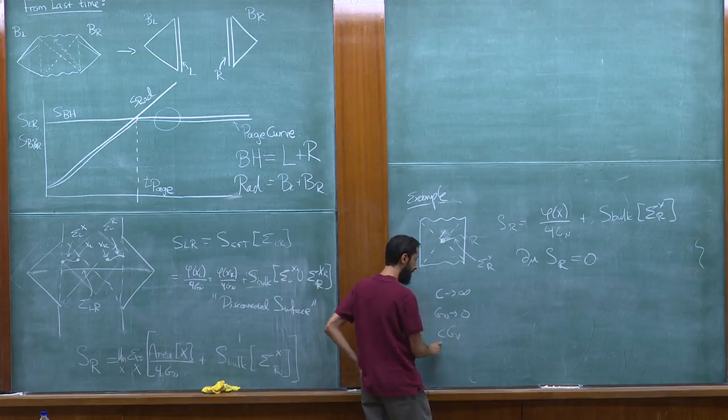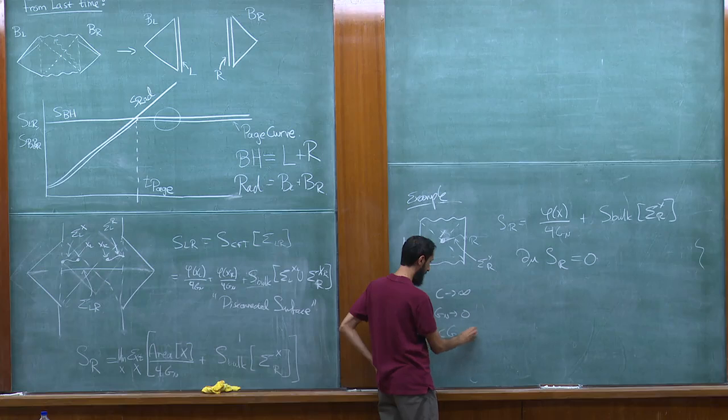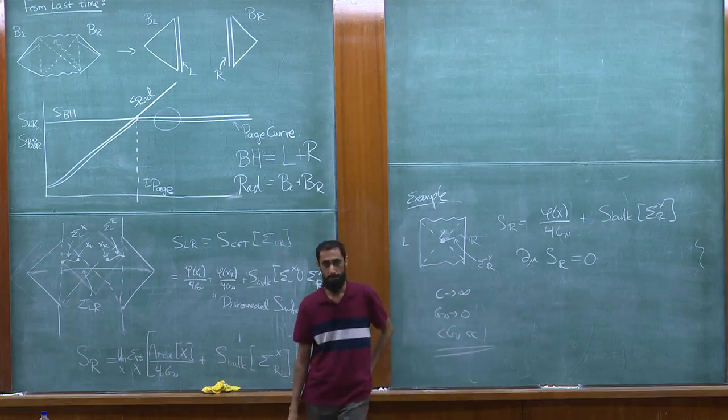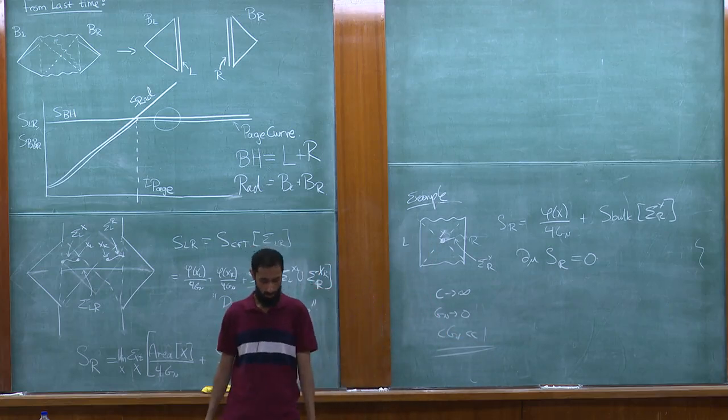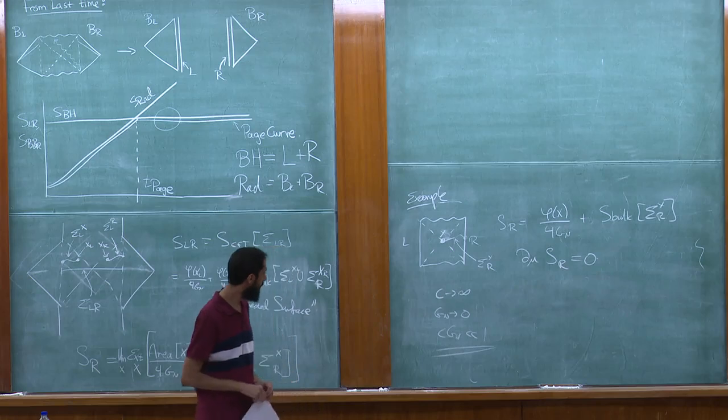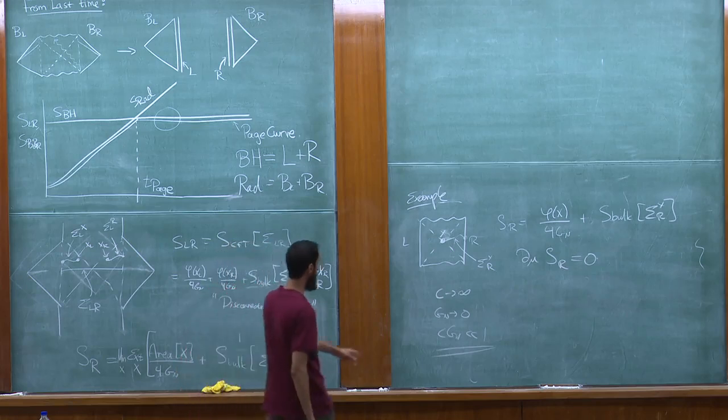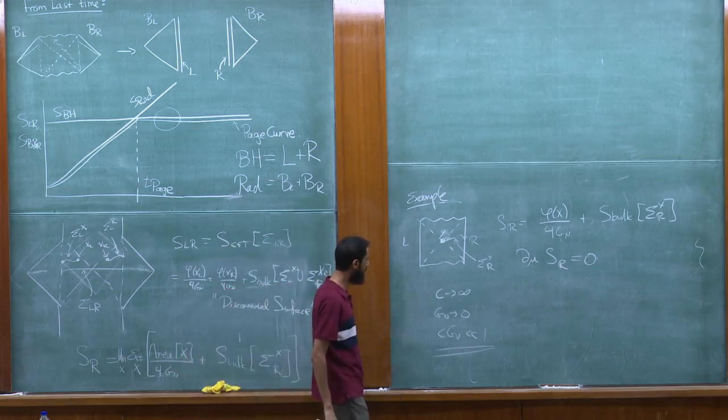But how big is this? That's up to you. Parametrically it will be order 1, but of course you can take it to be 1/1000, which you do in your paper. Why can't I say I take this to be something else? I'm confused about why I need to take this to be infinity.